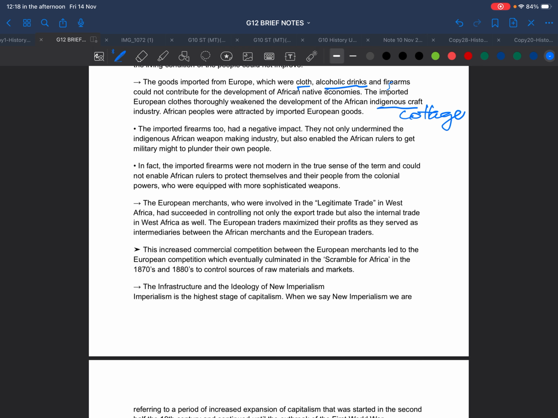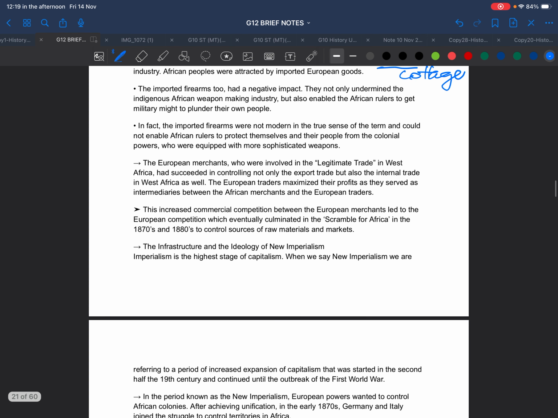European clothes transported from Europe to Africa dominated the indigenous craft industry because Europeans brought clothes that were highly shining and attractive compared to African cottage products. African peoples were attracted by imported European goods, as I said.